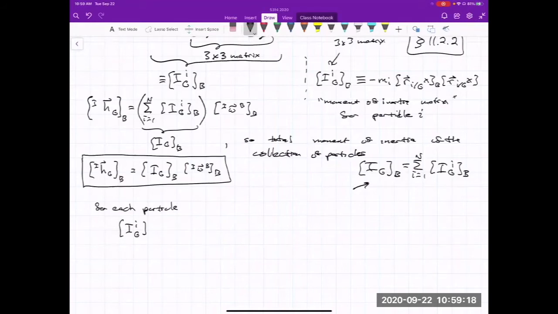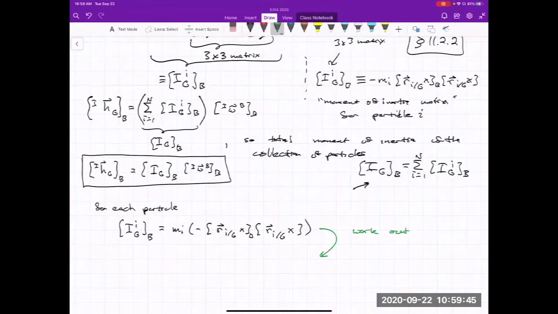I'm using G here as an example, but you could write this with respect to the origin. And this is what? Mi times, you could write it this way, negative r_iG cross, B frame, r_iG cross. Now, if you work out the matrix multiplication, you'll get something.